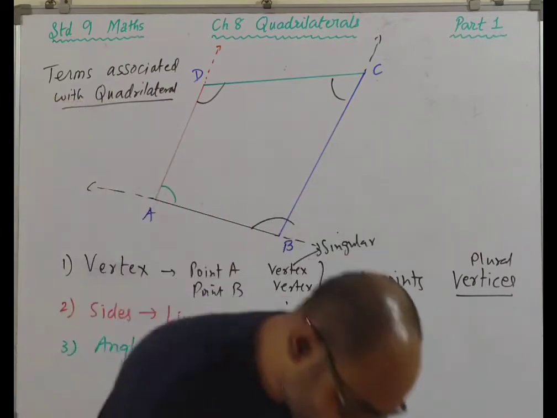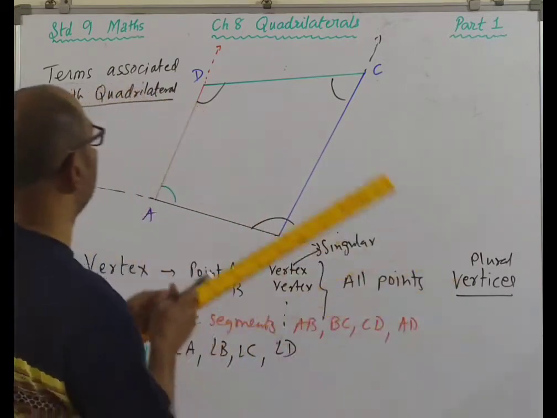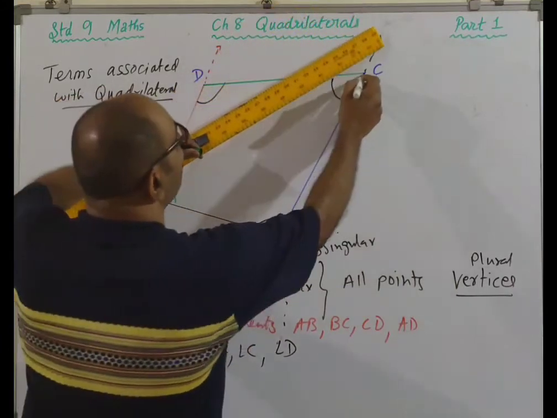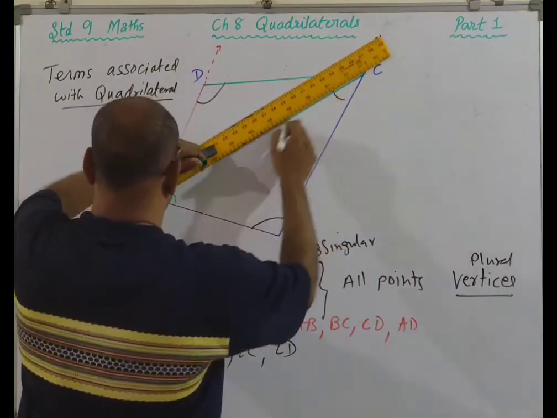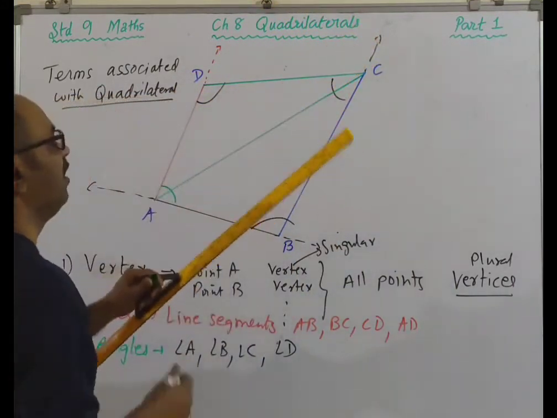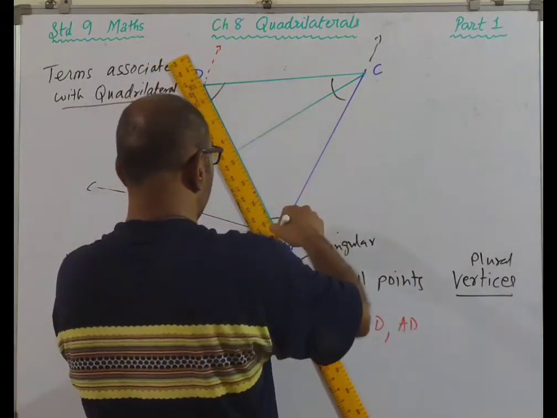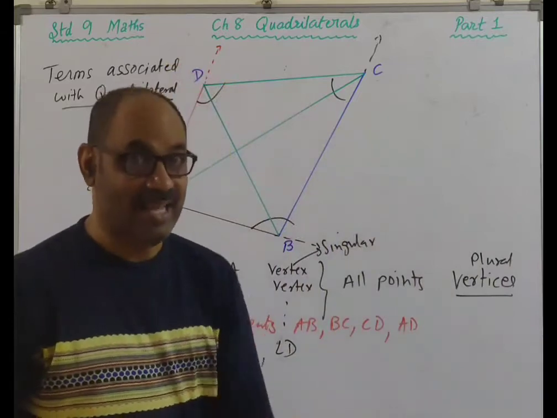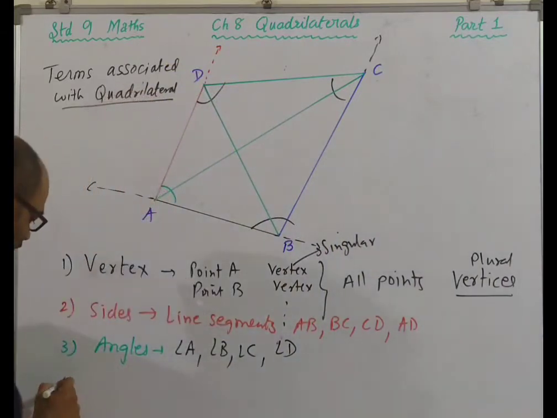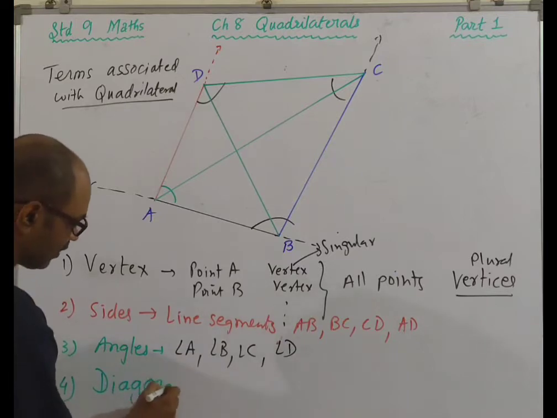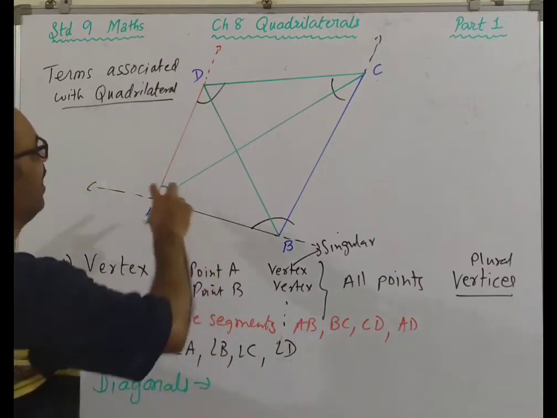Children, 2 more things. I am going to join A with C, and B with D. So I got 2 more line segments. These 2 line segments are called diagonals.